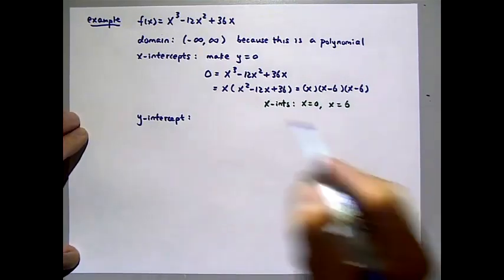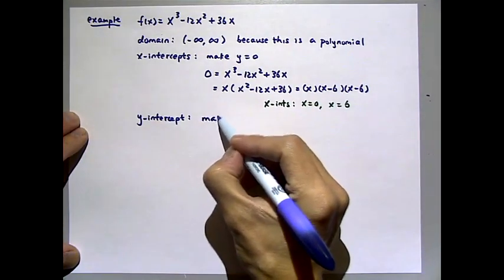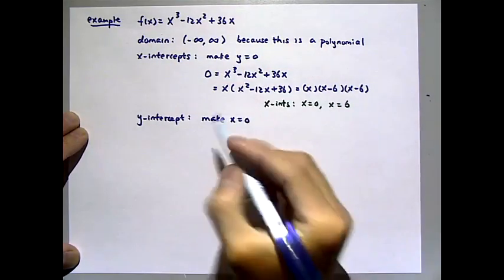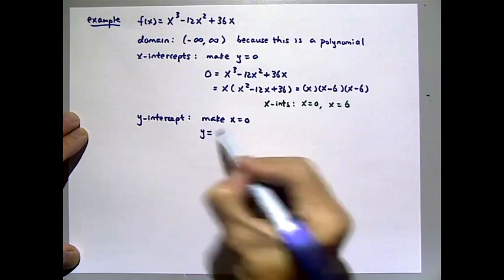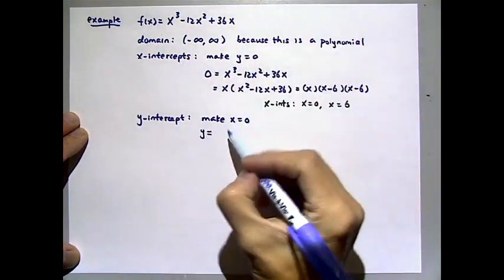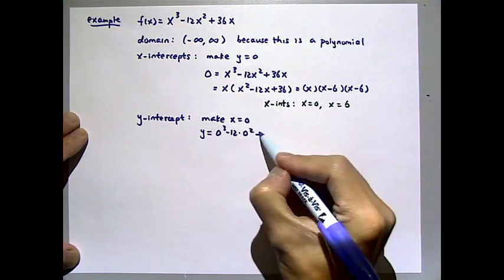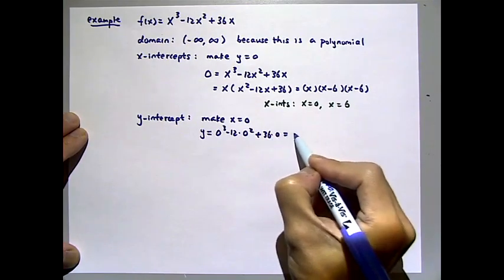To find out where that is, you make x equal to 0. So our equation becomes y is equal to 0 cubed minus 12 times 0 squared plus 36 times 0, and that's a 0.